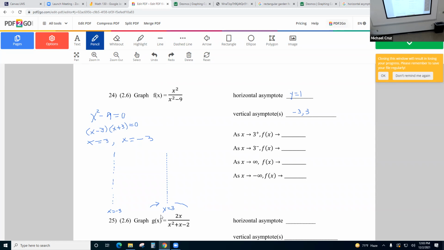And they're asking what's happening at this point. Now, if I'm not mistaken, this thing looks like this. All right.